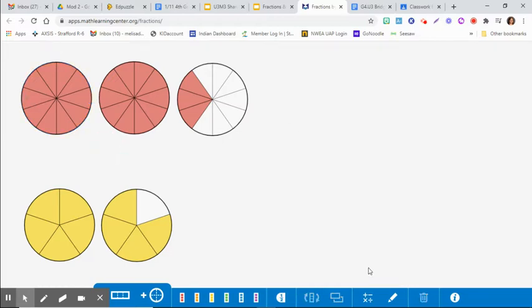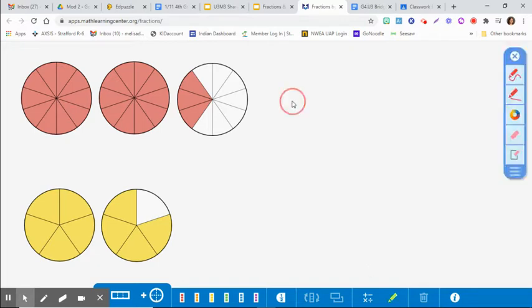So we can start off here with 10 as our bottom number. And we need to count how many tenths are actually filled in here. So keep in mind first, how many tenths does it take to make a whole?